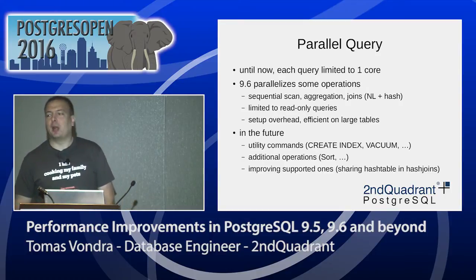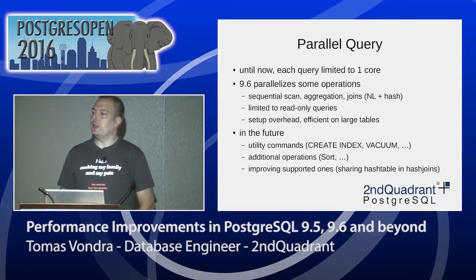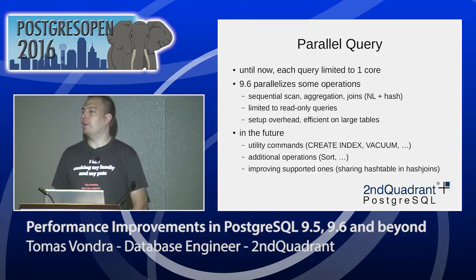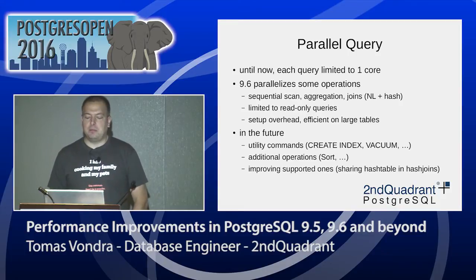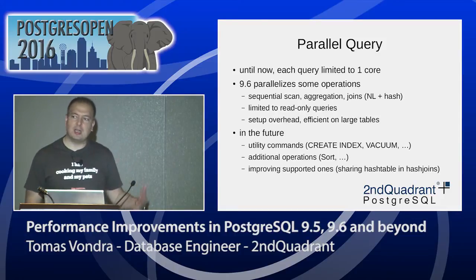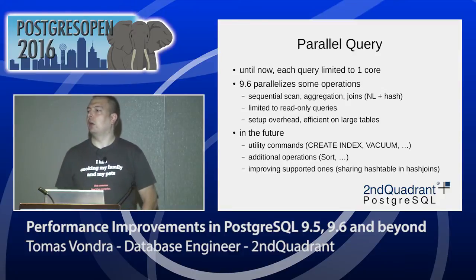We can't really parallelize queries that do any sorts of updates or inserts or anything like that. So read-only queries at this point. And it's only really efficient on large tables, right? So if you have tables that are less than a gigabyte, you probably won't see a lot of improvement there.